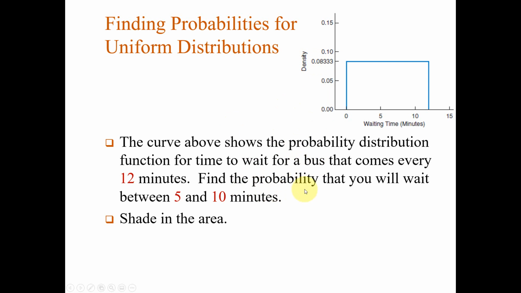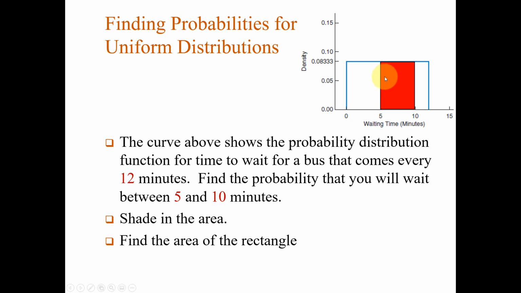So what if you wanted to find the probability that you will wait between 5 and 10 minutes? We know previously we could use shading under the curve. That represents the probability of 5 less than x less than 10, and you can shade it in, and then find the area of the rectangle, base times the height.